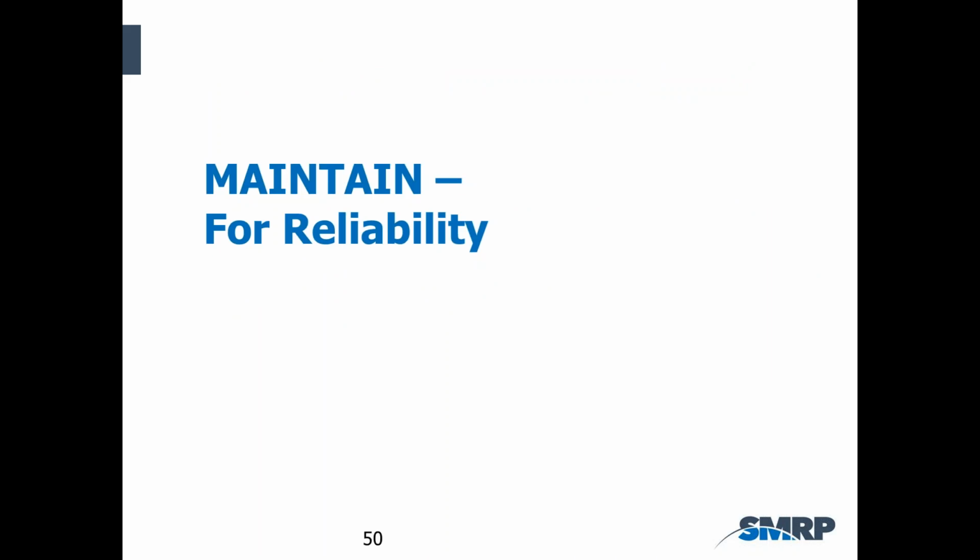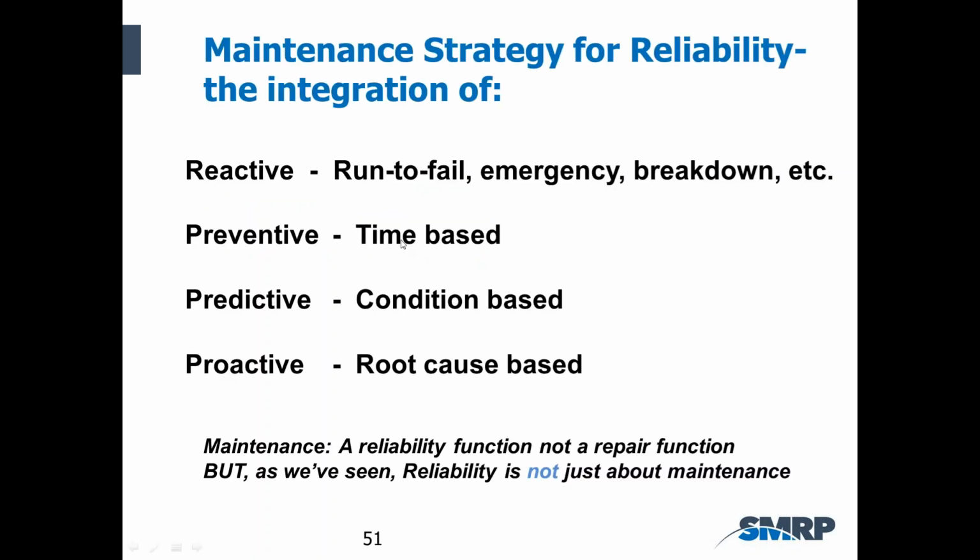Okay, let's talk about maintenance finally. The reliability process, maintenance is at the tail end of this dog. So maintain for reliability. Here's a model that I've used for years now. Maintenance strategy for reliability, integration of reactive maintenance, that is run to fail, emergency, breakdown. Let me give you my definition of reactive maintenance.